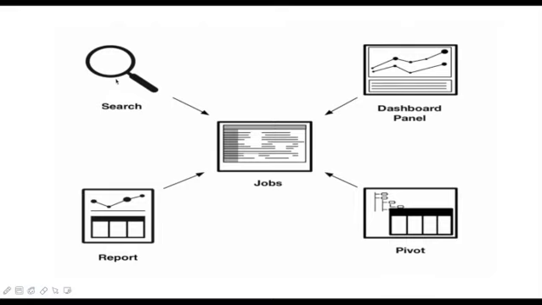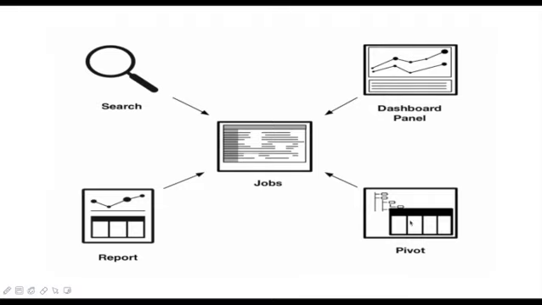Every search, whether you run a direct search, a dashboard, a pivot, or a report, has searches running in the background. In a report, you can see saved searches. In a dashboard, there are base searches, saved searches, or ad hoc searches.